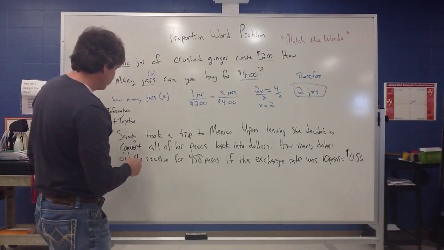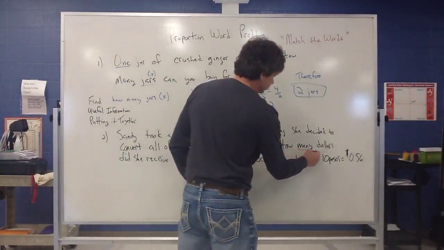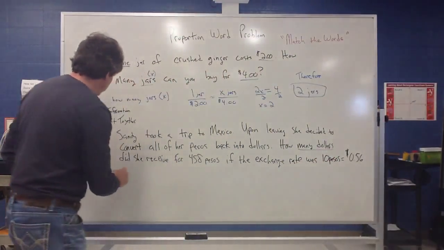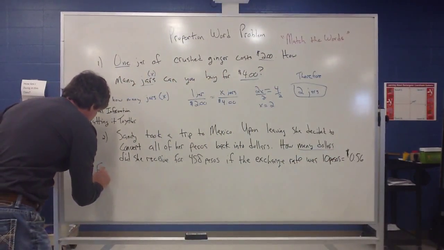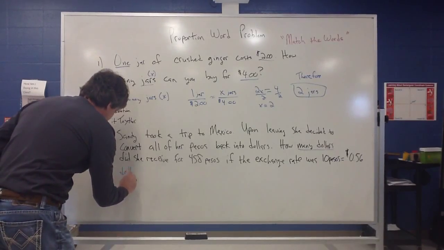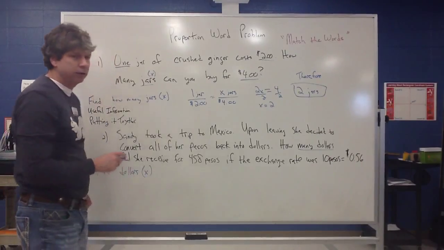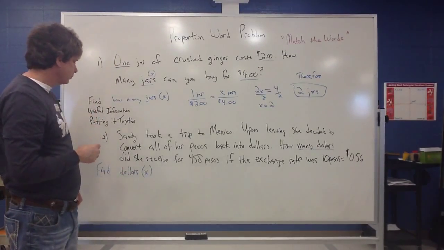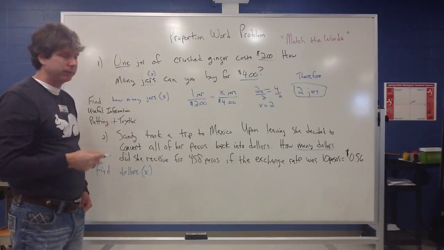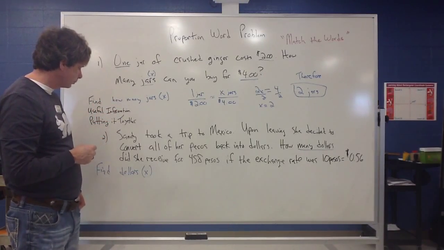So again, we're looking for how many dollars. So that's what we're trying to find, the dollars. Since that's what we're looking for, that's going to be my unknown. I'm going to use the letter X for that.